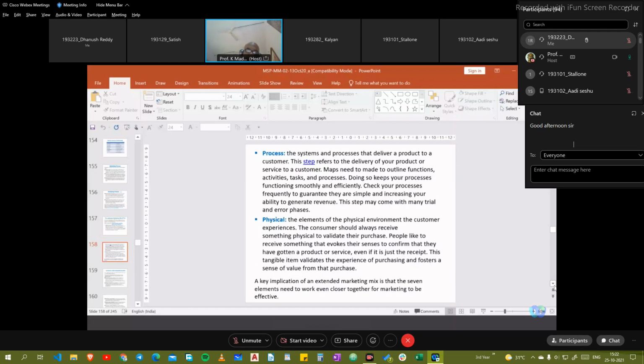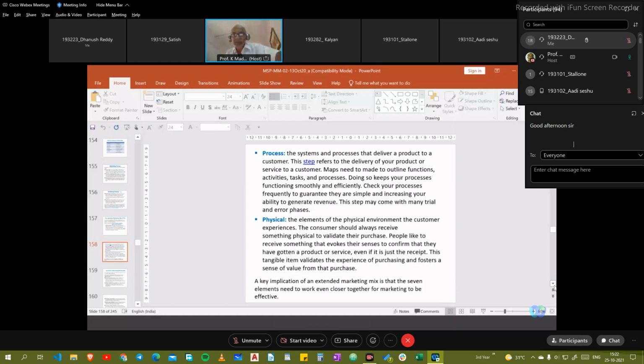So we have to check our procedures, processes very frequently so that we are able to make them easy, simple, accessible, and user friendly.